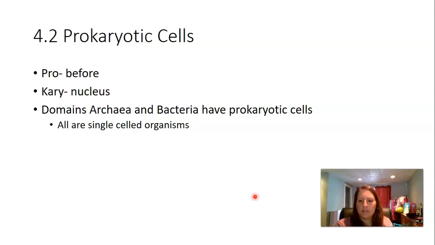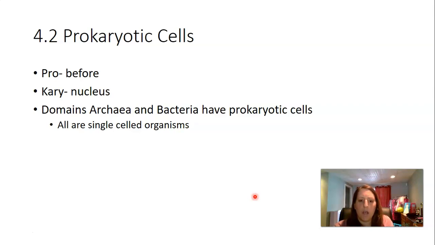And that these cells, which were probably some of the first cells around on the planet, did not contain a membrane-bound nucleus, nor did they contain any other membrane-bound compartments. So when we talk about a nucleus or mitochondria, chloroplasts, or the Golgi or the ER, which are all structures that we'll talk about a little bit later in this chapter, these are not found in prokaryotes.